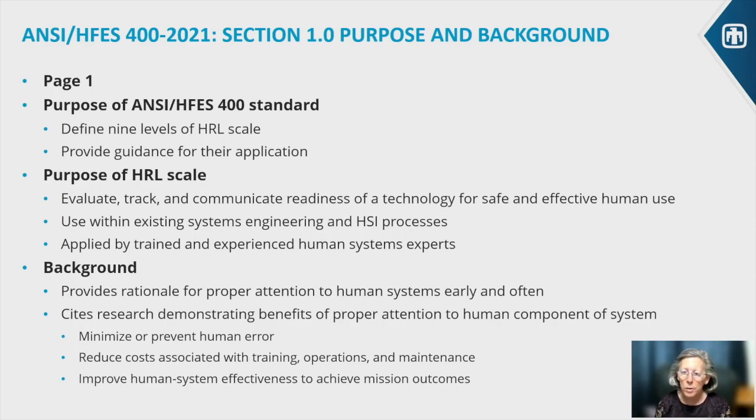So we've cited some of the main research papers demonstrating those benefits to indicate, well, if you apply the HRL scale to do these sorts of things, here are the benefits that you can expect.